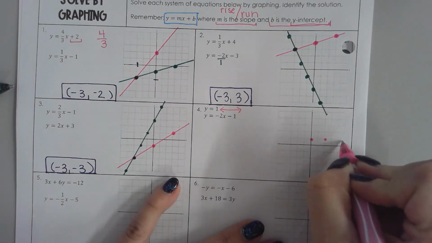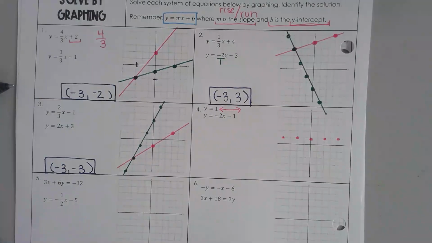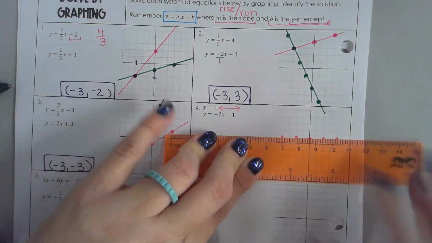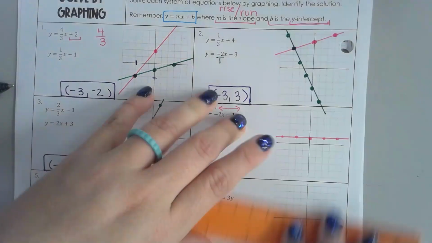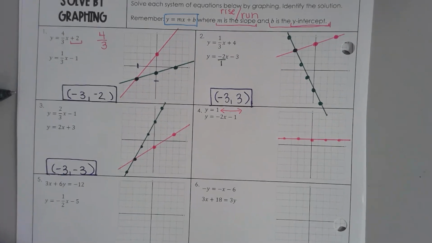So every point, no matter what the x is, has a y value of 1. If it said x equals 1, it would be a vertical line that crossed through the x-axis at 1.